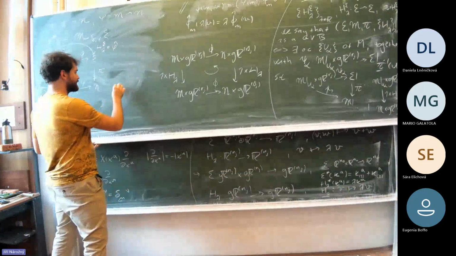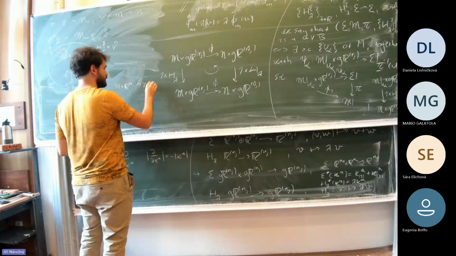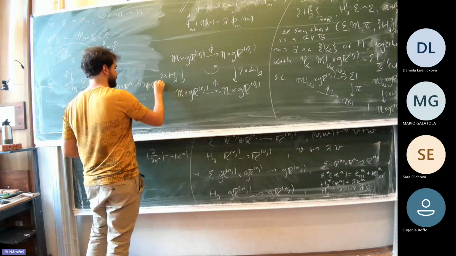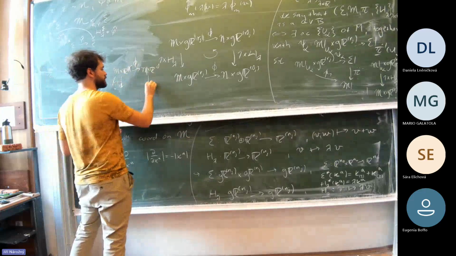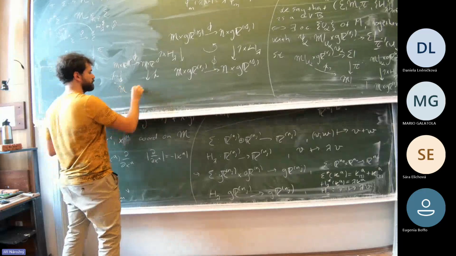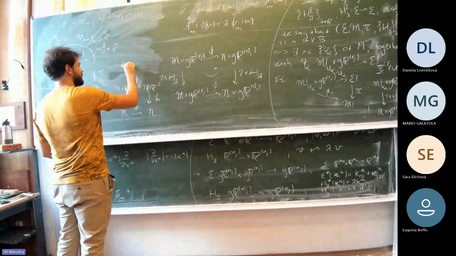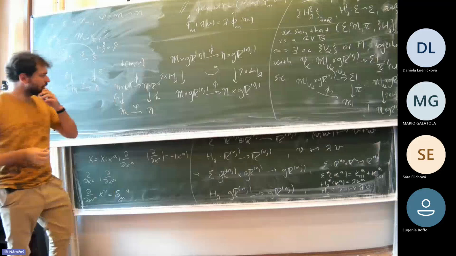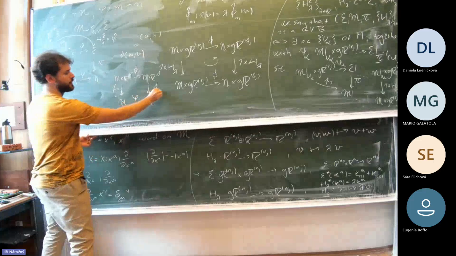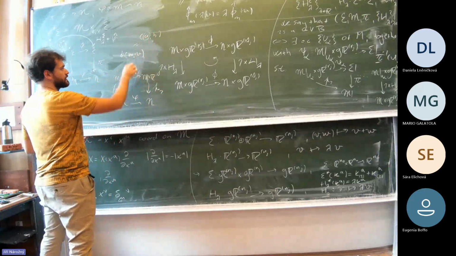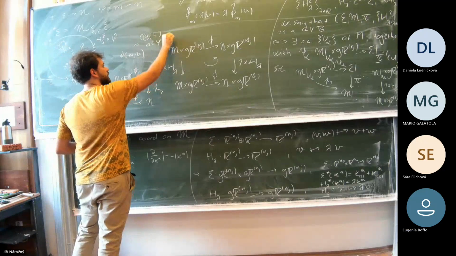I'm making this up, but we have the diagram N times R^s, R, this was the phi, this was the projection, this was the projection, and this was M times N. So we know that phi takes some M and V to something, and we know that if we project this thing, it needs to be the same as taking M and mapping it by phi. So A needs to be phi of M.